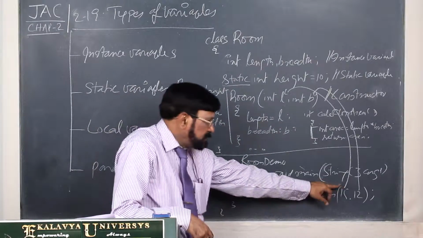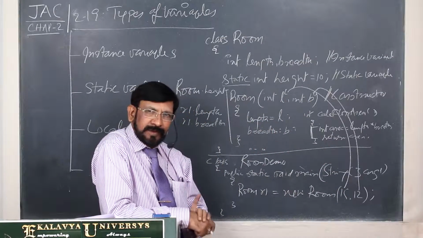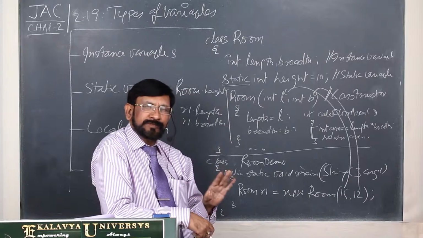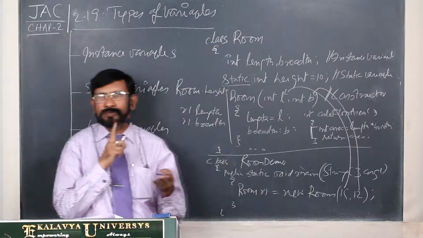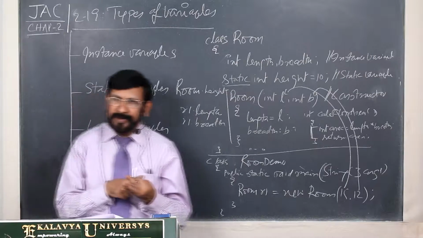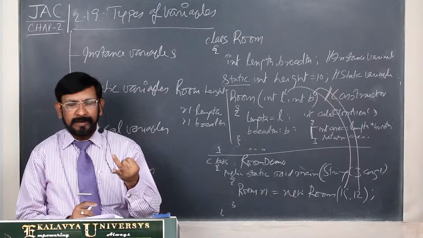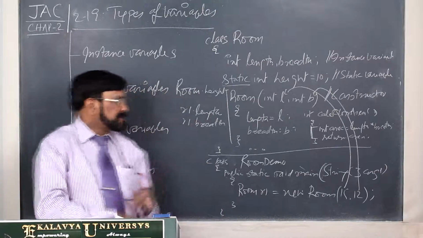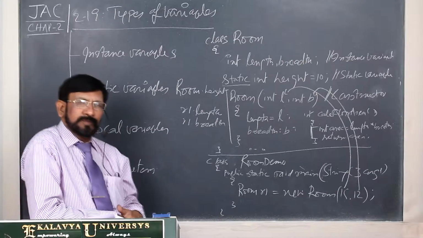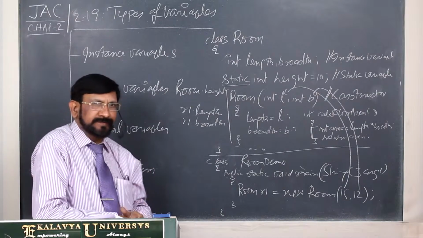Just for receiving these values we have created them. Those are called parameters. So in this way, all variables we can classify into 4 groups: instance variables, static variables, local variables, and parameters. After understanding these 4 groups, we have to understand their characteristics and differences.